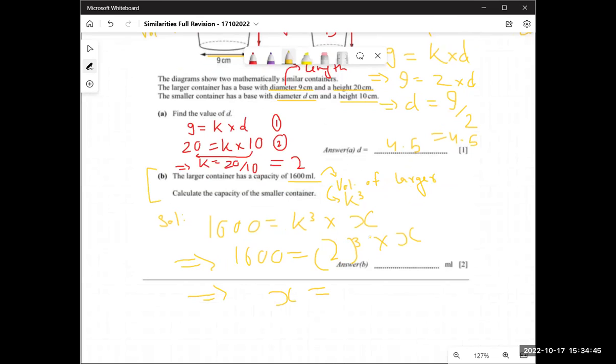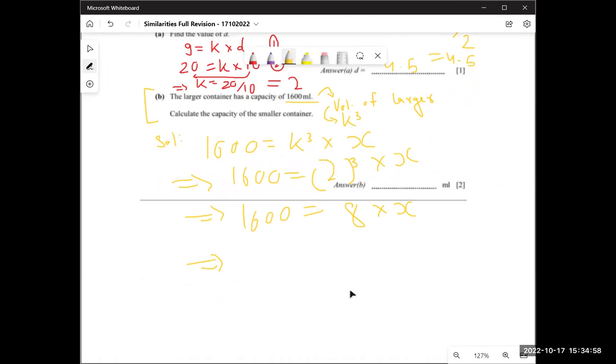What is 2 cubed? 1600 equals 2 raised to power 3, which is 8, times X. Now we shift 8 and divide 1600 by 8. So this will be 200. Any questions, anyone? No. The answer is 200 ml. Diana, any questions? Lula, Zahra?